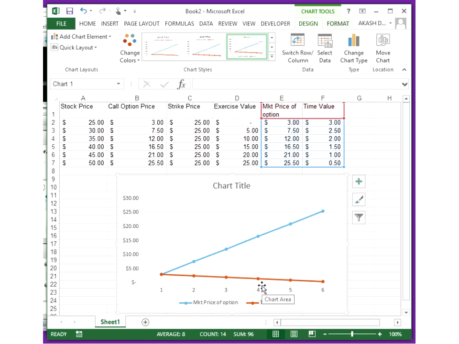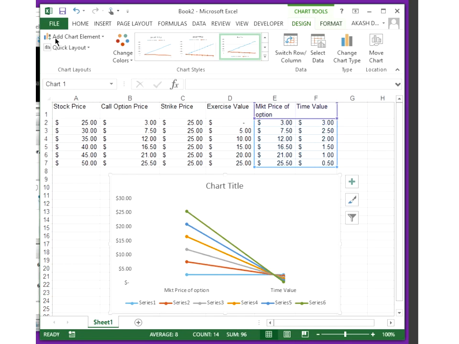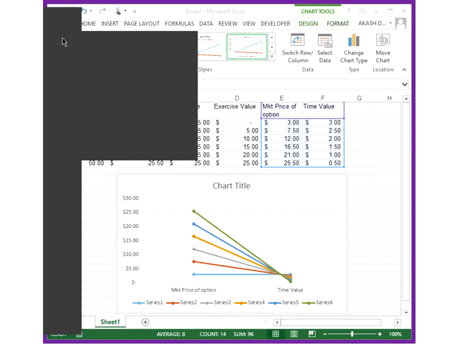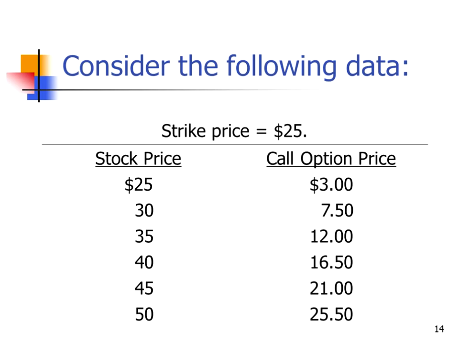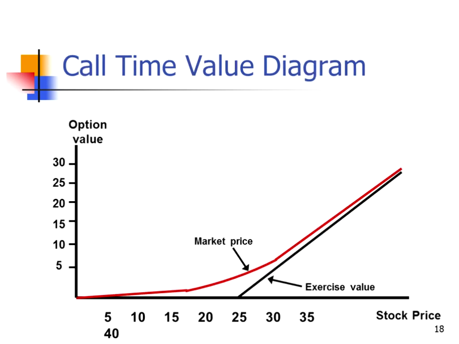This should have been... No, this should be the other way around. It should be inverted like that. So switch over. No, I'm going to just leave it. I'm going to show you the graph on the PowerPoint, and I'll play around with it to see if I can create that graph.